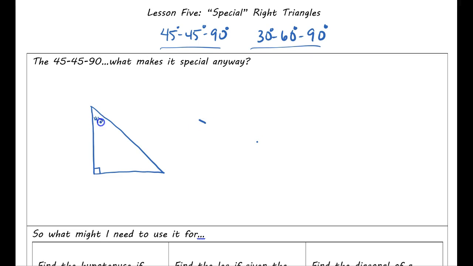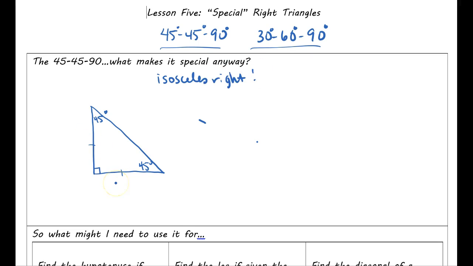If there are two angles that match on a triangle, then it means that the sides across from them match. So one of the things that's special about this type of triangle is it makes it an isosceles right triangle. So that's pretty cool.